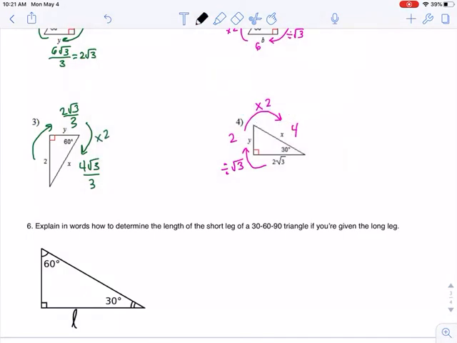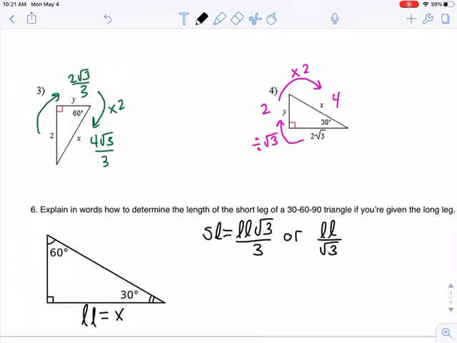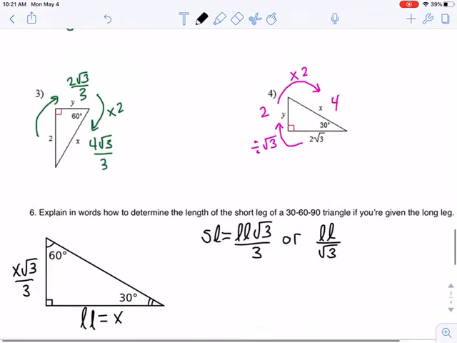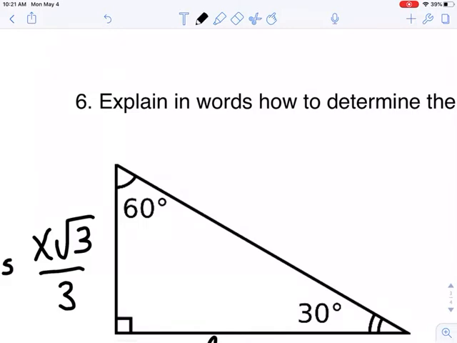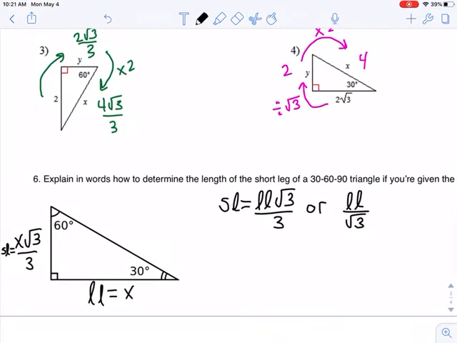So in words, we'll say long leg is x. Short leg equals the long leg times radical 3 over 3, like I already wrote above. Regardless of what I write or the rule I use, I'm going to present it like that in terms of x, because it has to have a rationalized denominator.